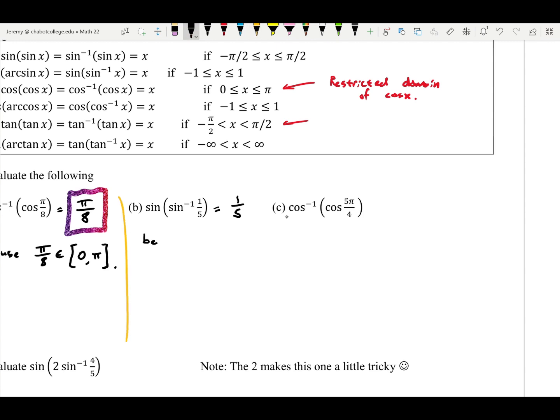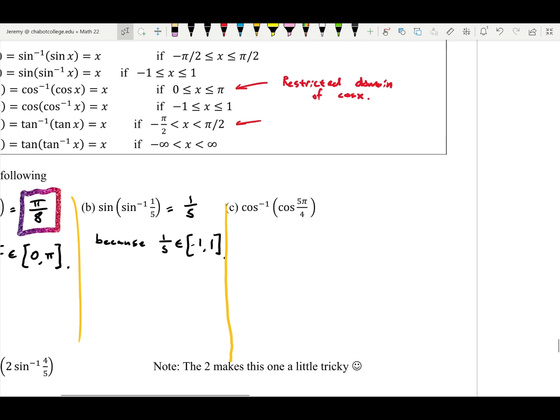This is because 1/5 is in this range of -1 to +1. So that cancellation property, the identity property, applies.